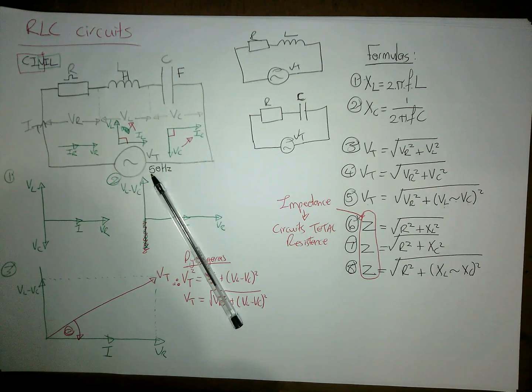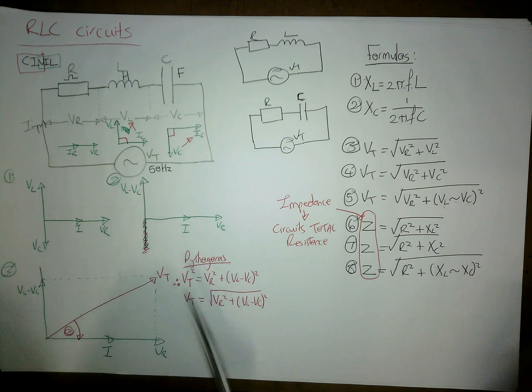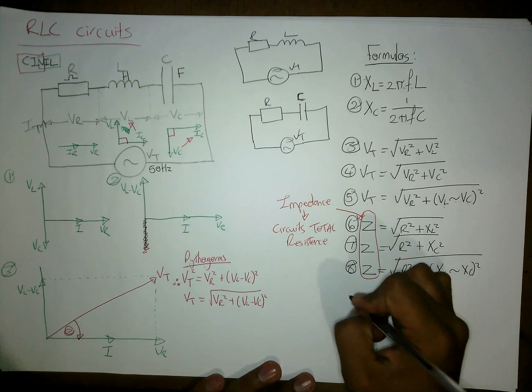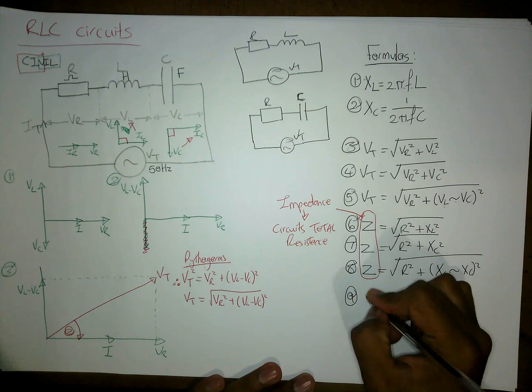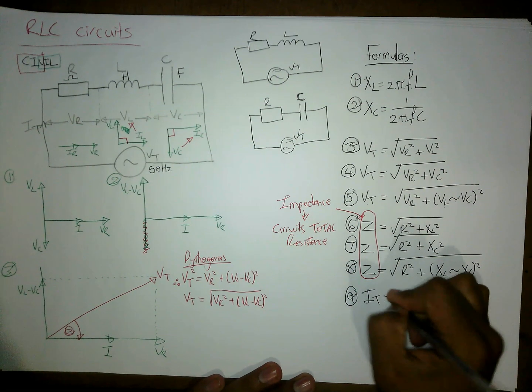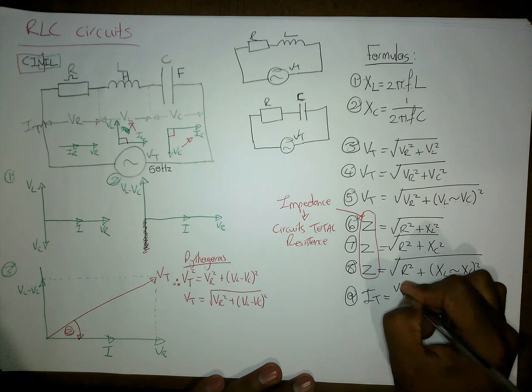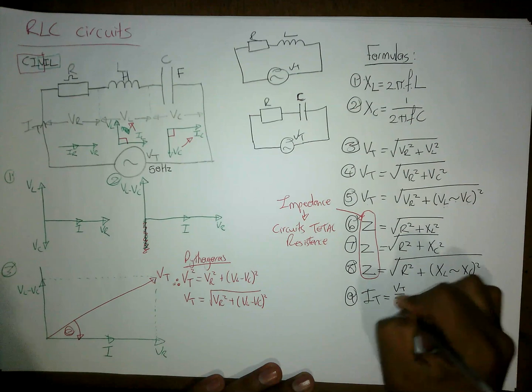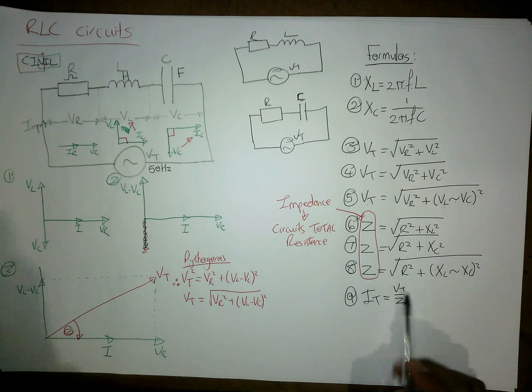Okay, so we have our resistances, we have our voltage. The only thing we need now is our current, and we're going to do Ohm's law. So I total equals V total over Z, total voltage over total resistance.